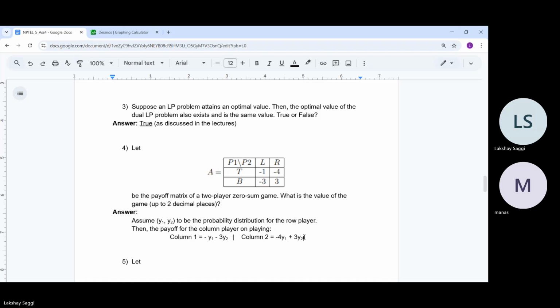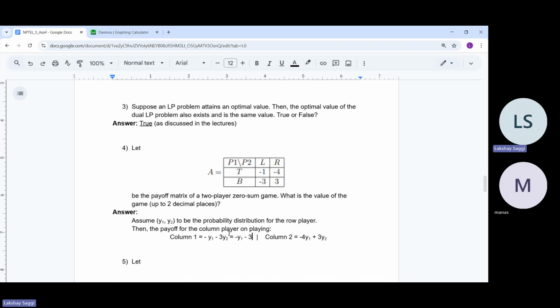So what this essentially means is, this is the payoff value. Column 1 denotes the payoff when playing column 1, and this is equal to minus y1 minus 3y2. Note that I can replace y2 by 1 minus y1, because y1 plus y2 should be equal to 1.